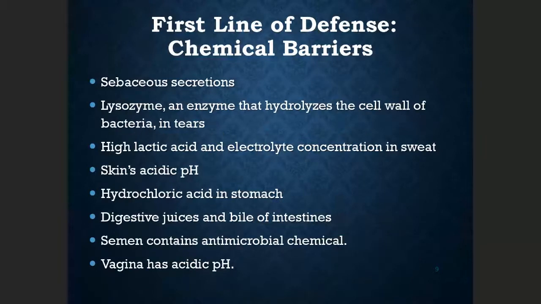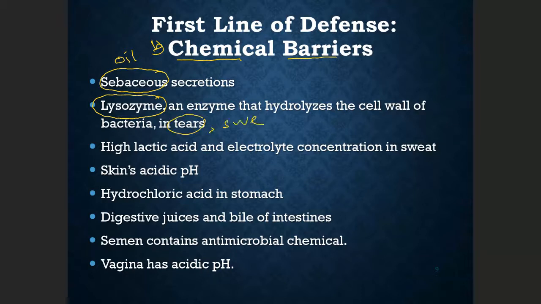The second first line of defense is called the chemical barriers. It is done by chemicals. Like for example, oil. Oils in our skin are able to kill many types of bacteria. Lysozyme is an enzyme that we produce and is present in the tears and the sweat. This lysozyme will kill a lot of bacteria.